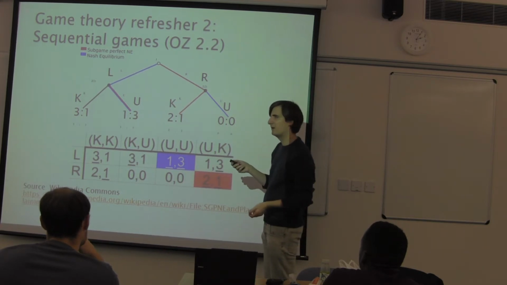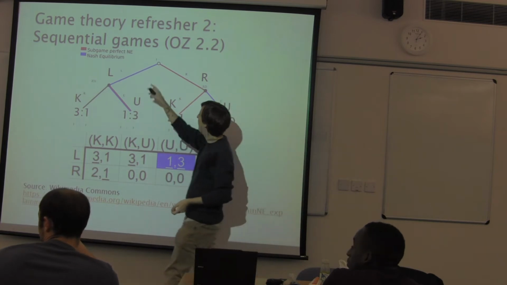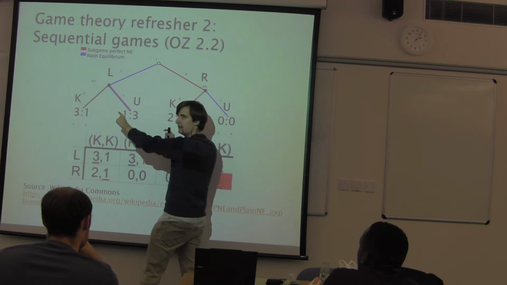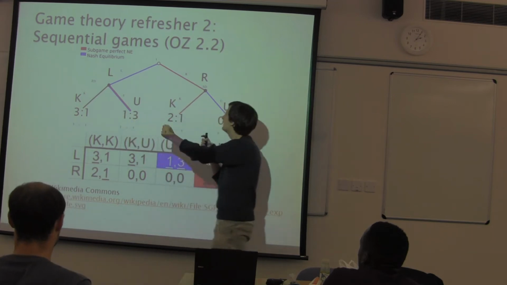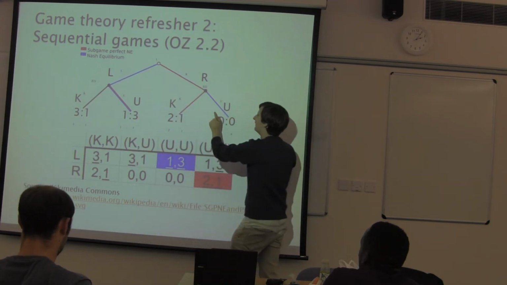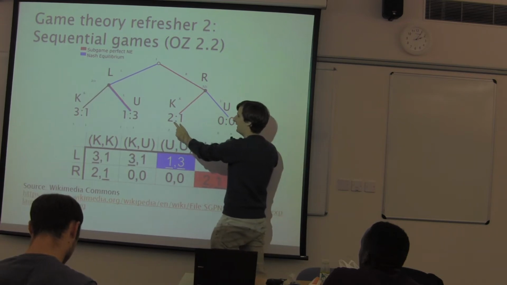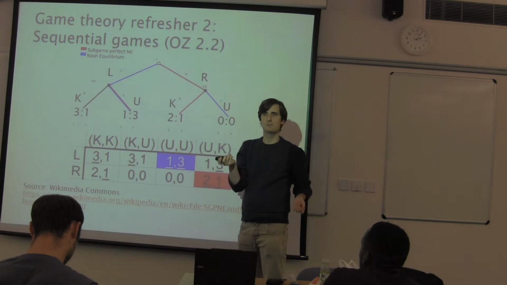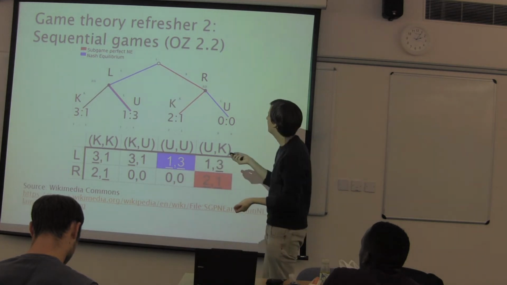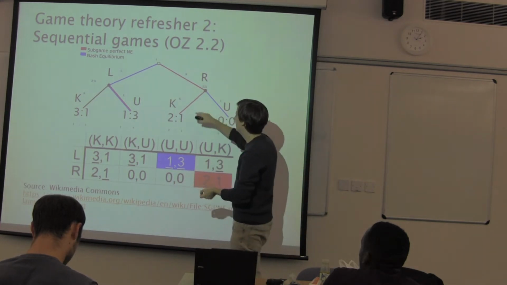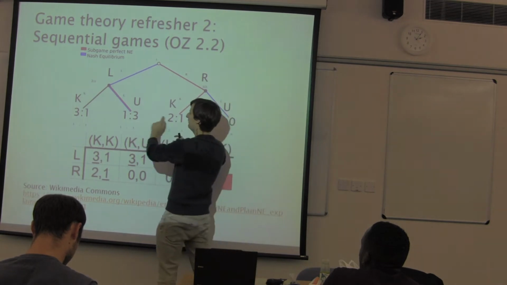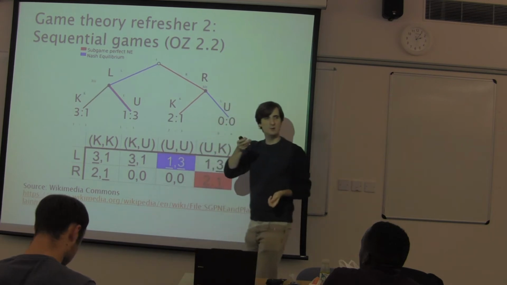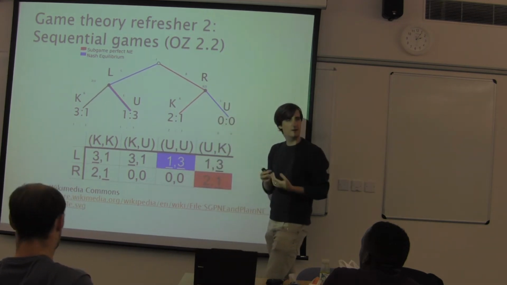So, given that player 1 knows that if player 1 plays L, player 2 is then going to play U, that's what you just said, and if player 1 plays R, player 2 is then going to play K, which of L or R is player 1 going to want to choose? R, exactly. Because if player 1 plays R, then he gets 2 rather than 1. Player 1 realizes that player 2 is going to play in this certain way.